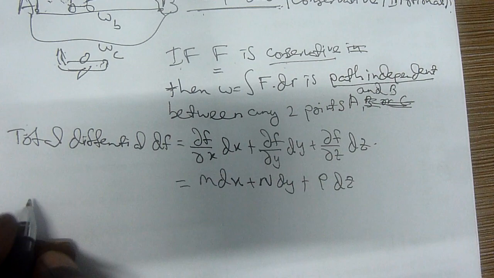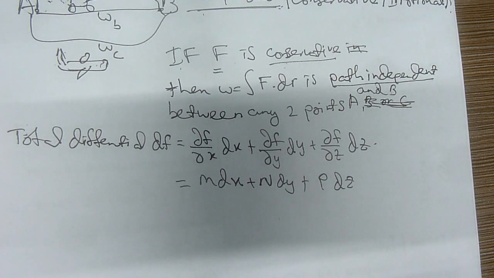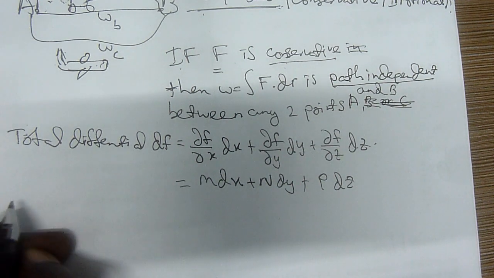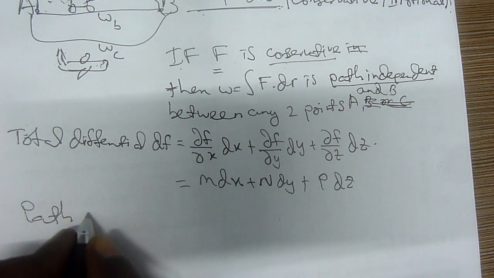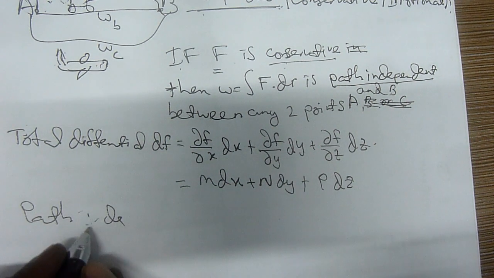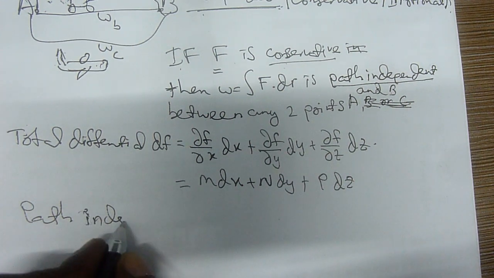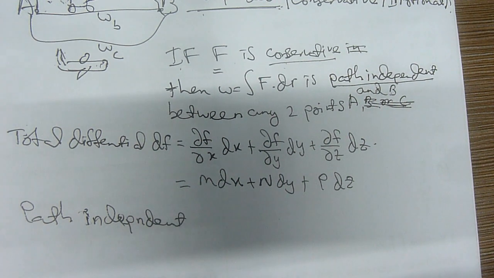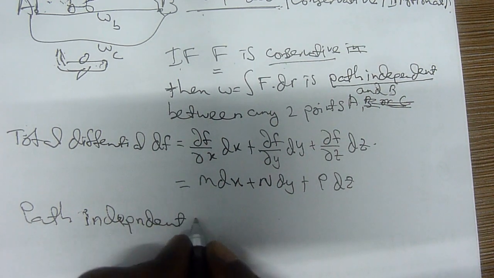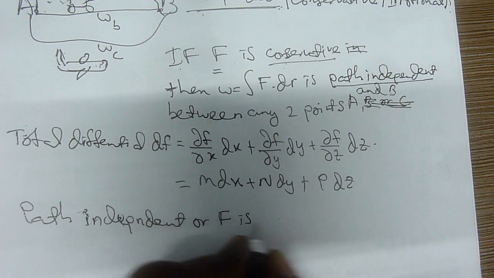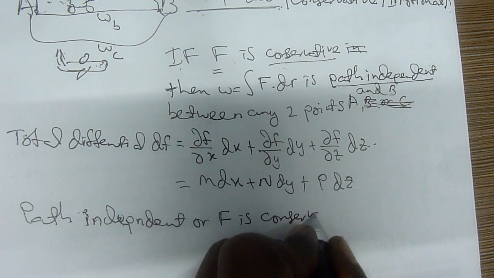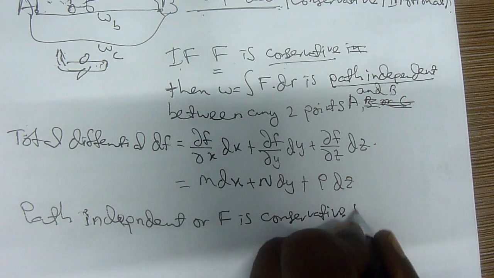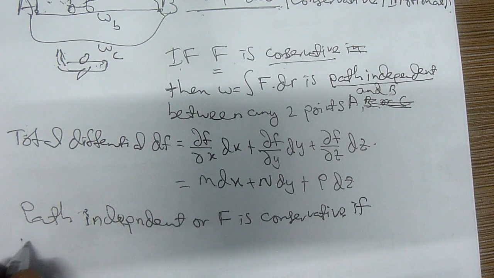Therefore let me define this very important definition. Path independent, or f is conservative, if first it is exact.